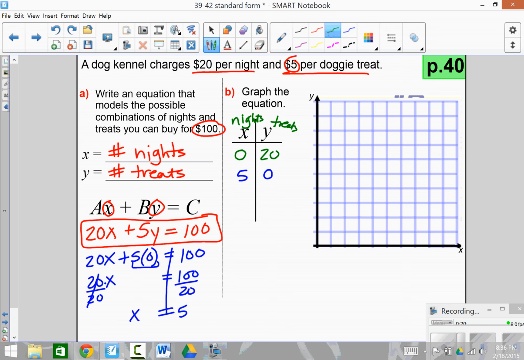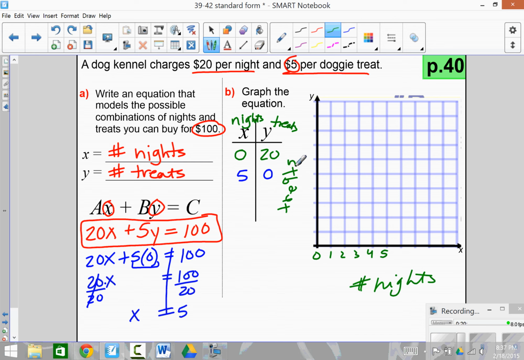So I know my x-axis here is number of nights, so let's label it number of nights. And I know the biggest number of nights I need is 5, so let's just go 0, 1, 2, 3, 4, 5. And then we know our y here is treats, so let's label treats here.